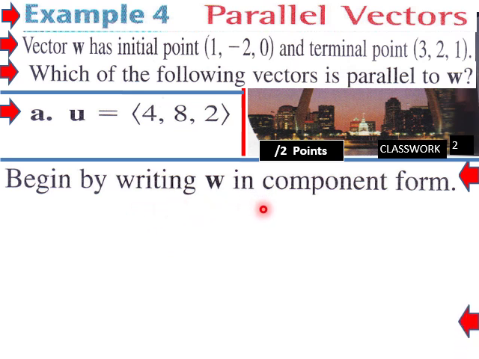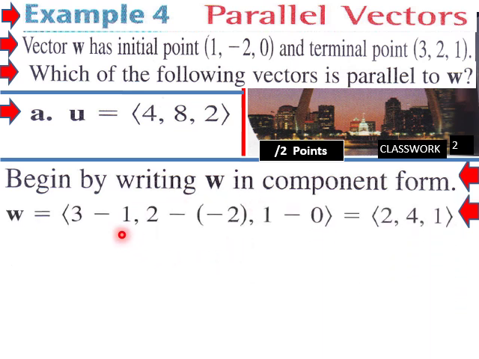Begin by writing w in component form. When we write it in component form, we come up with <2, 4, 1>: 3 minus 1, 2 minus a negative 2, and 1 minus 0. So it becomes <2, 4, 1>, the component form of this vector.